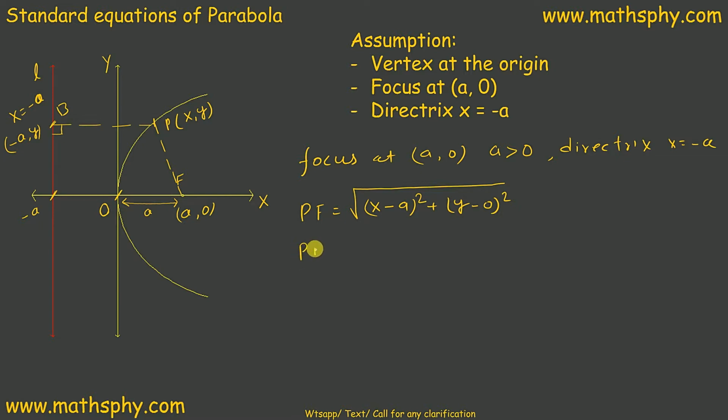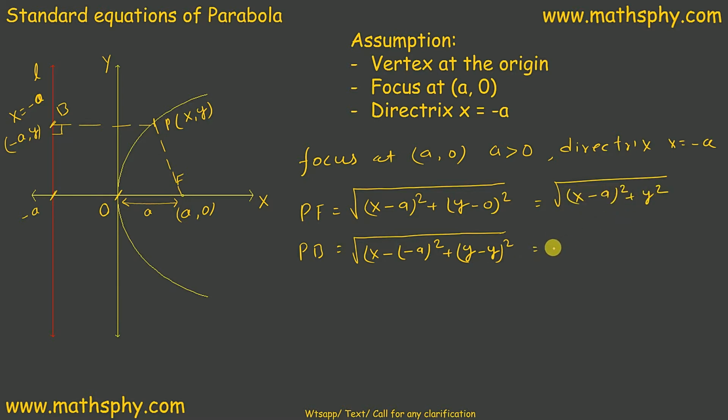If I have to find PB, the distance from P to B, this will be the square root of (x minus a) whole square plus (y minus y) whole square. So this comes to (x plus a) whole square.